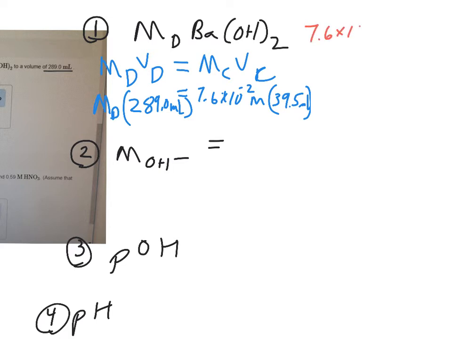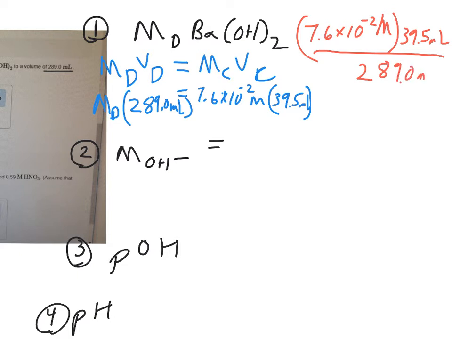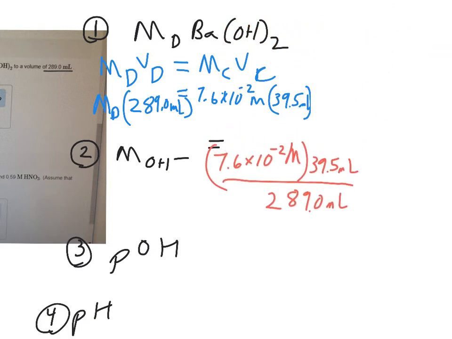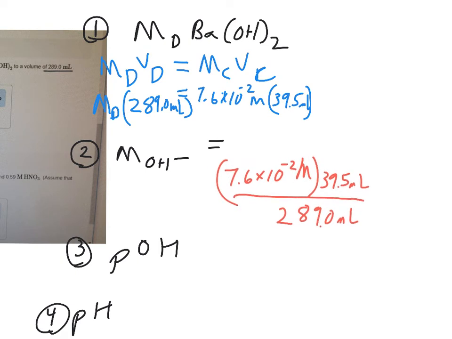7.6 times 10 to the negative second times 39.5 milliliters divided by 289 milliliters equals my MD.